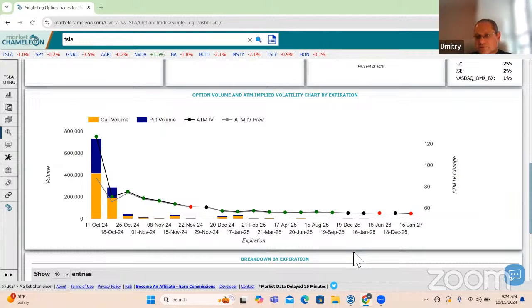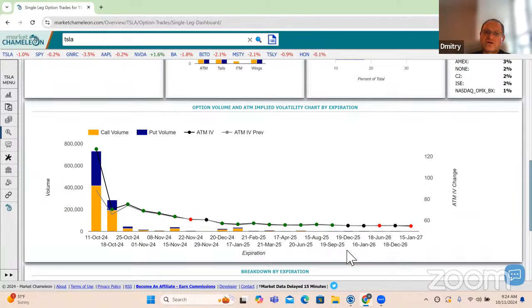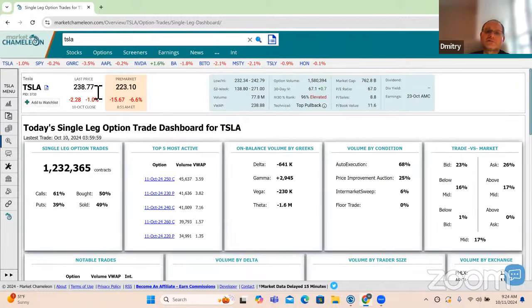The next question you may have is, okay, how is the trading impacting option premiums, right? Like if you saw a lot of trading in Tesla, let's say, well, how's it impacting the stock? Well, yesterday the stock was down 1%, right?